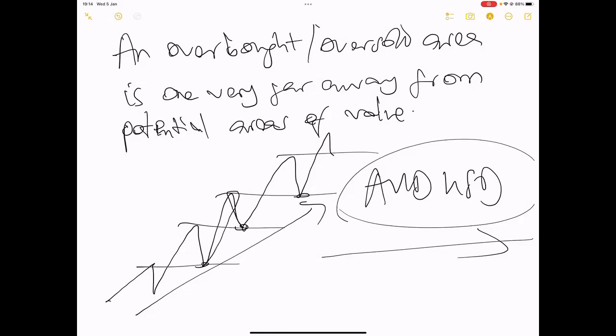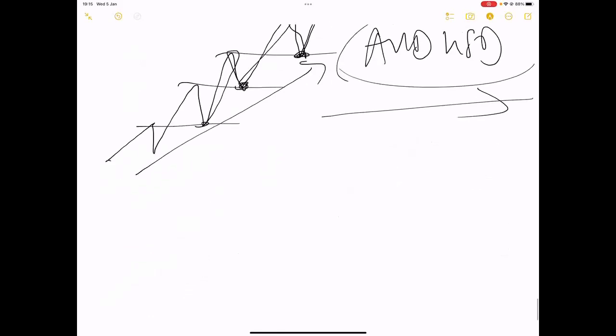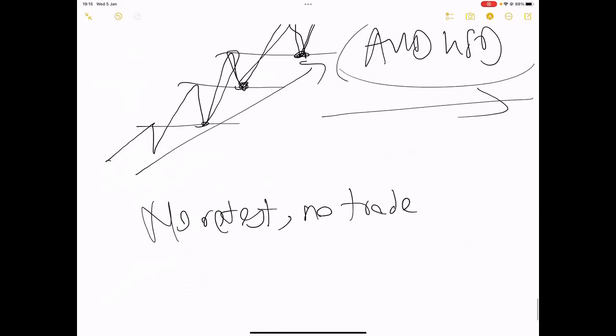buy, wait for breakout and retest, buy, wait for breakout and retest, buy. And I told you, no retest, no trade.